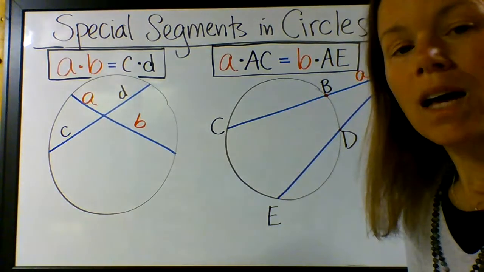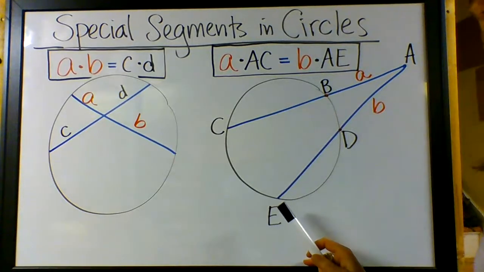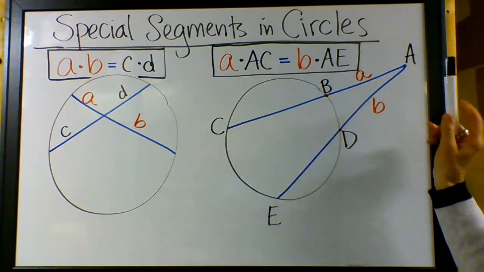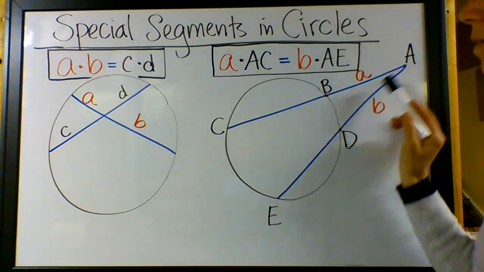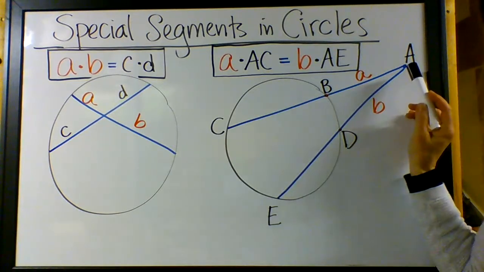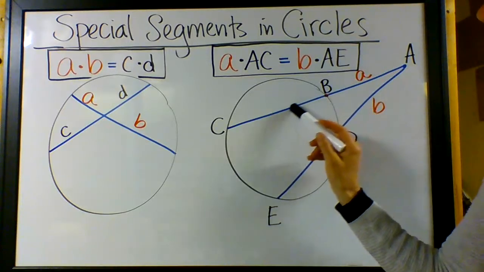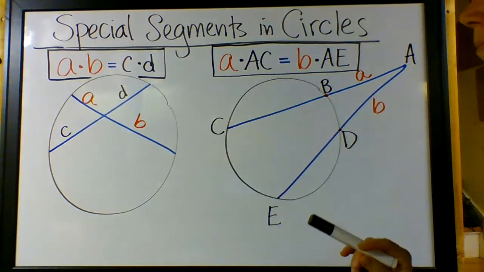Okay. This one has a little bit more to remember, but it's still pretty quick and pretty basic. So if I have two secants, and we're going to stop them at the end of the circle here. They intersect at a point outside the circle, point A here, and one of them goes through the circle, and the other goes through the circle.